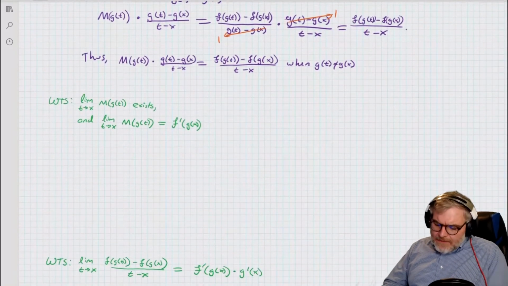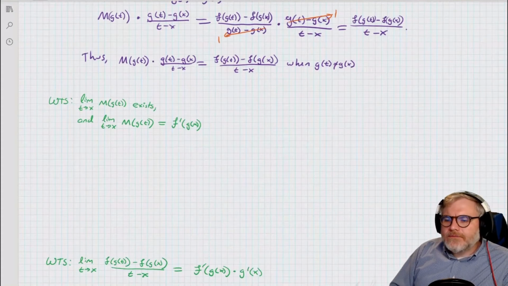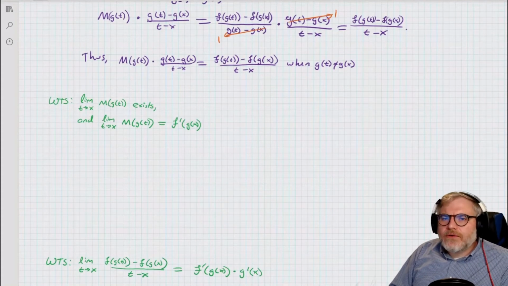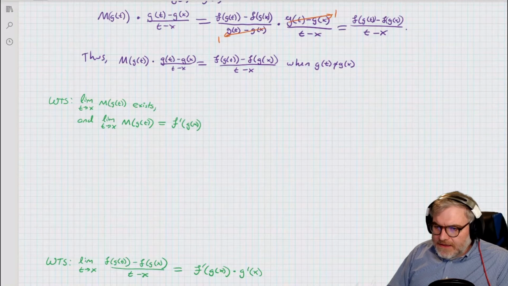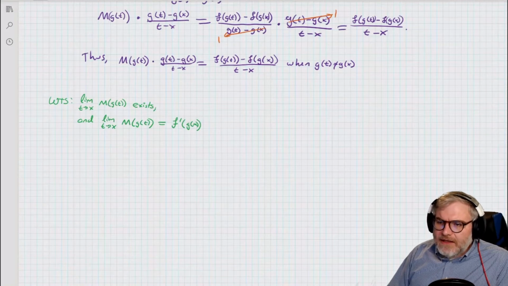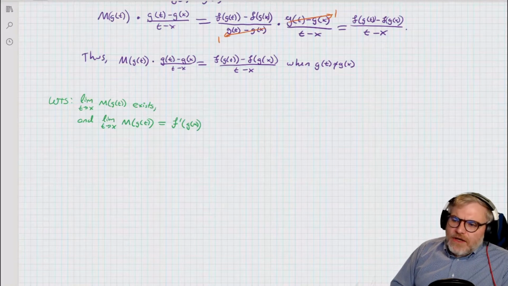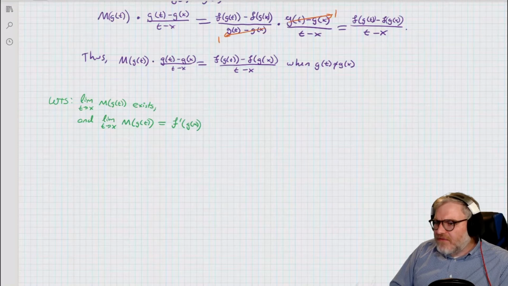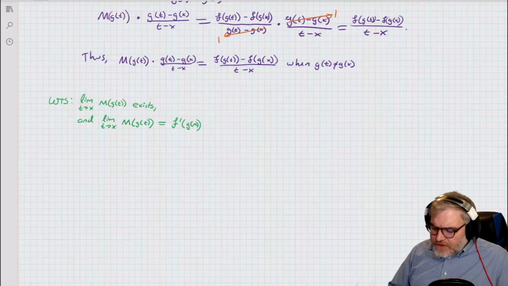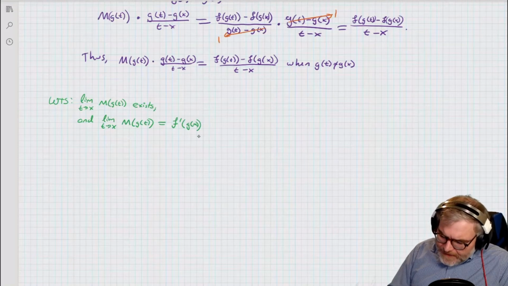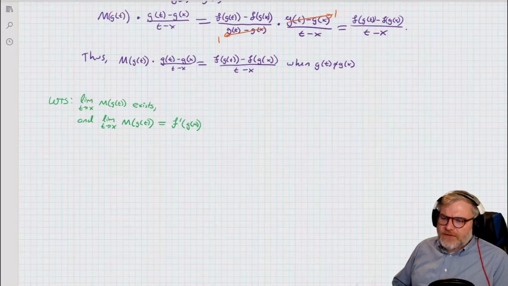All right, the next thing I'm going to show is that the limit as t goes to x of m of g of t exists, because I really want to use the product law on it. And I also want to show that it's f prime of g of x. So if I just show this bit here, the bottom bit, I've actually also shown the top bit.